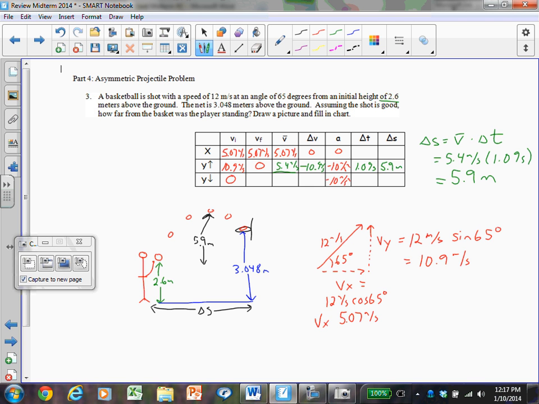Yeah, so we have to find how far down. It's not drawn to scale, obviously. But we want to find how far down it's going to go so we can plug this into here, right? We need to find this much that it came down. So we can get the total distance by adding those together, 5.9 plus 2.6.